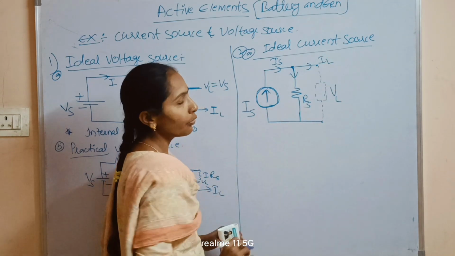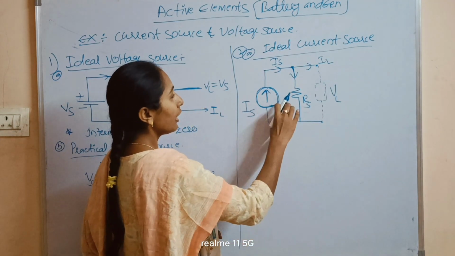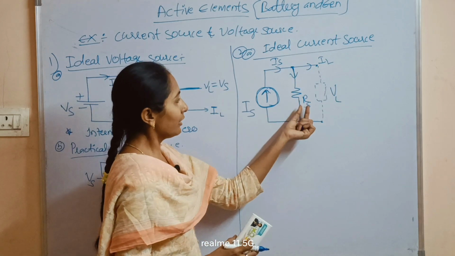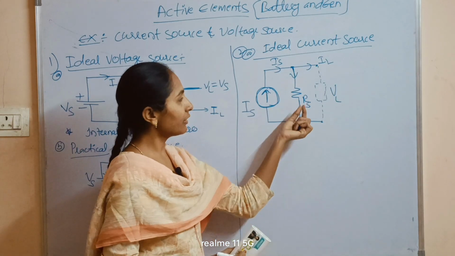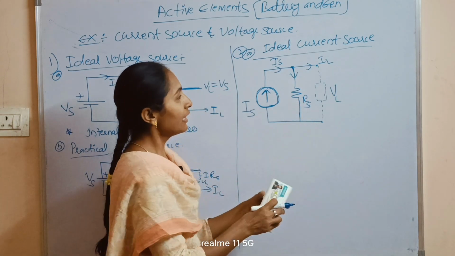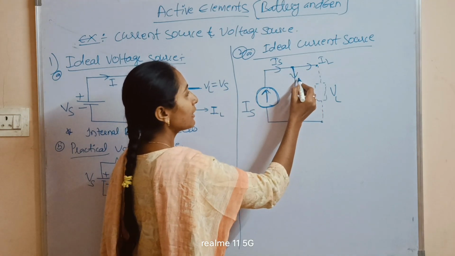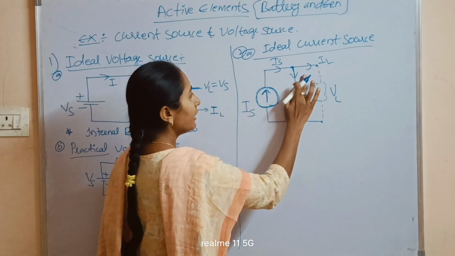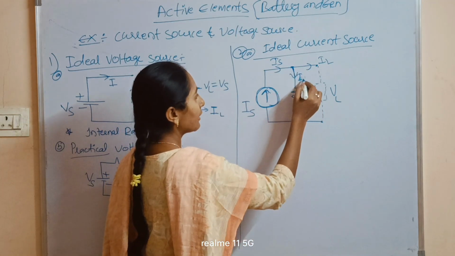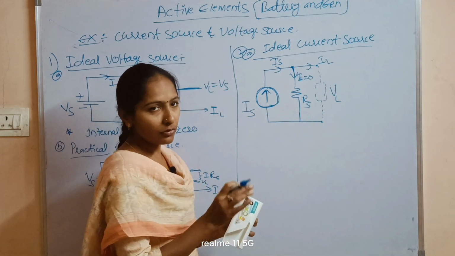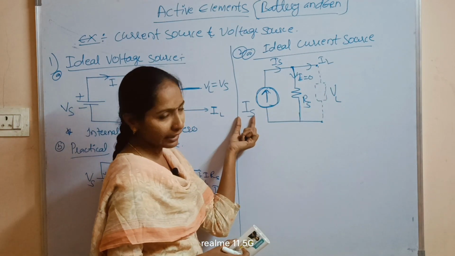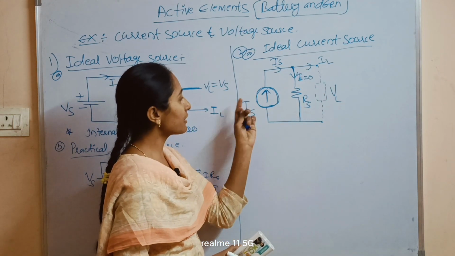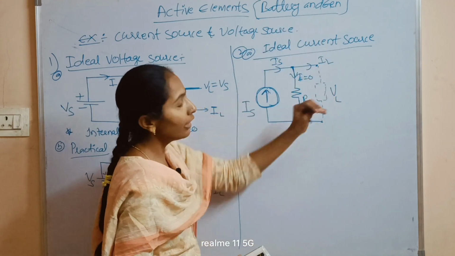One part flows towards the source resistor, and another part, IL, flows towards the load. Now if this resistance is maximum, the current flowing through this path is 0. So the total source current flows directly towards the load.